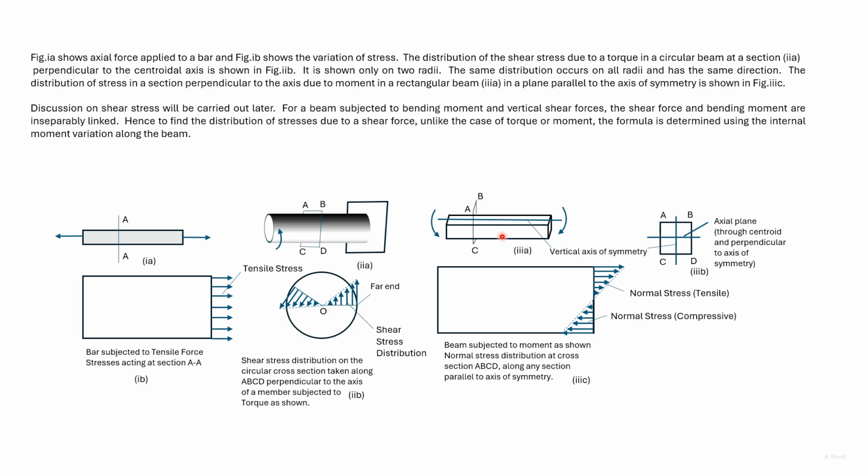For a beam subject to moment, this is the stress variation. Here the moment has been taken as negative, so the top portion is subjected to tensile stress. For bending, the flexure formula and as such the stress variations such as these are obtained for load applied at the axis of symmetry.